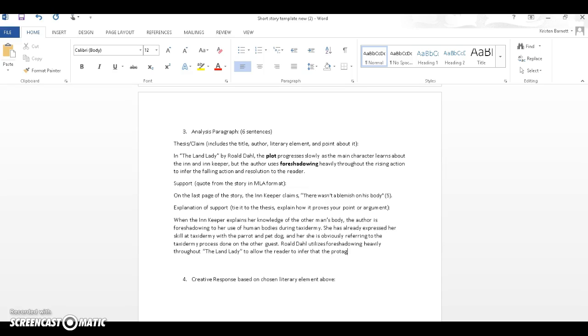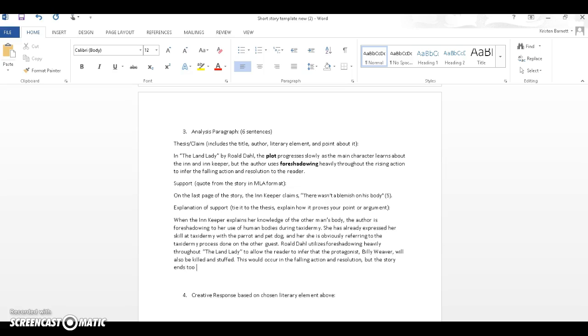That the protagonist, Billy Weaver, will also be killed and stuffed. This would occur in the following action and resolution, but the story ends too abruptly, and the reader is forced to rely on the foreshadowing and inferences to make this conclusion.